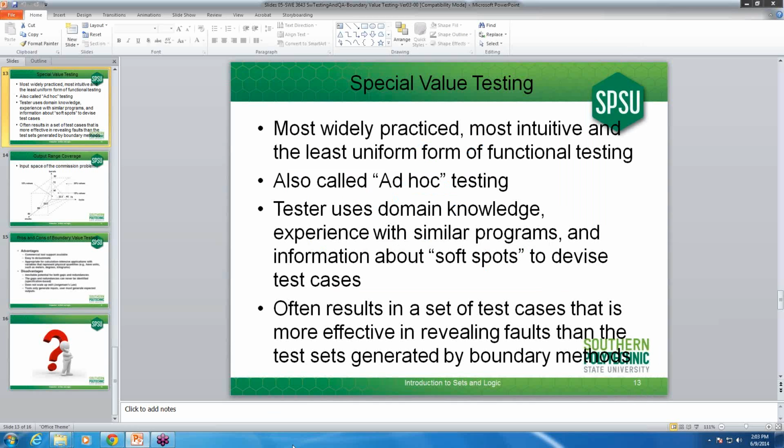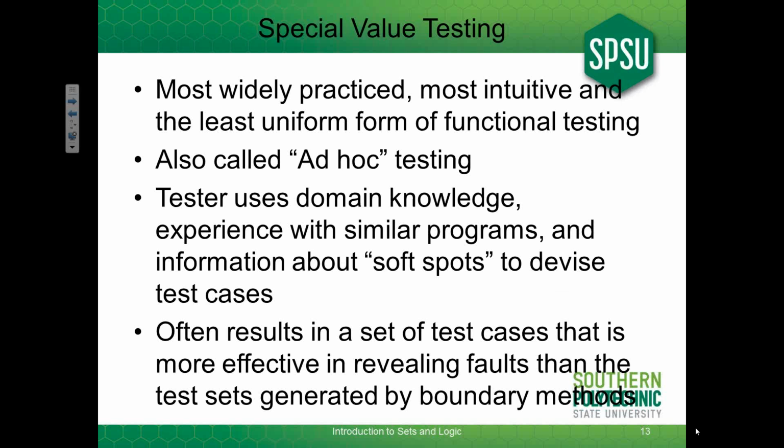Another approach to testing is we call it special value testing, which is not really a systematic way of testing the software. It mostly relies on your expertise of working on similar products in the past and use your expertise to come up with the test cases for your product.